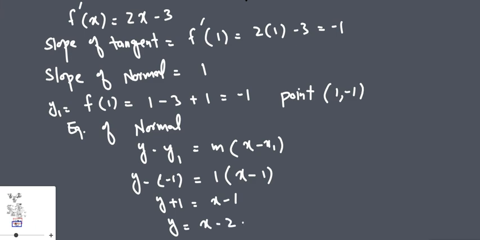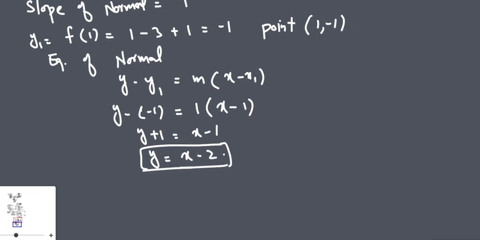Is it clear? This is the equation of the normal, right? Now I have to find the intersection point, so I will equate it with the parent function.